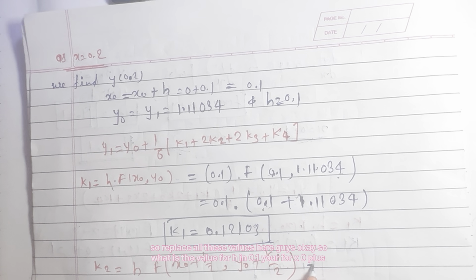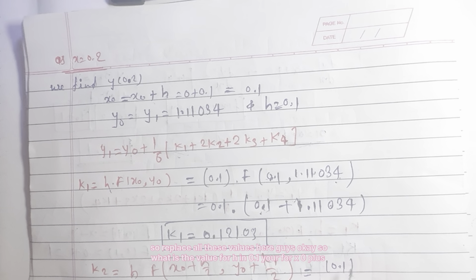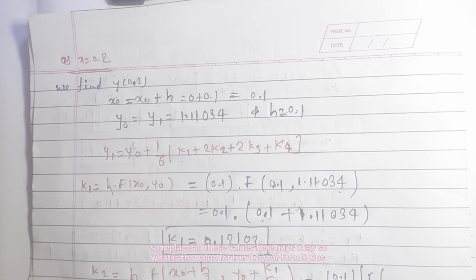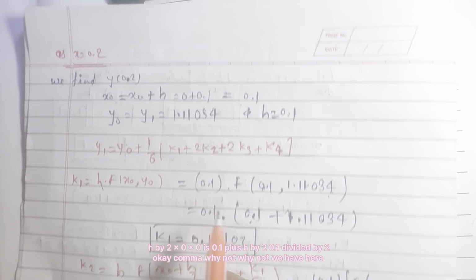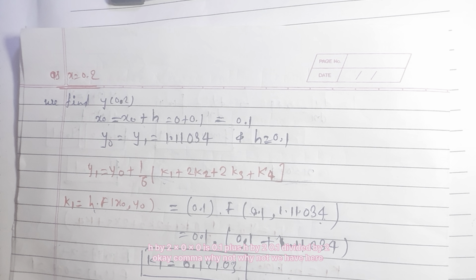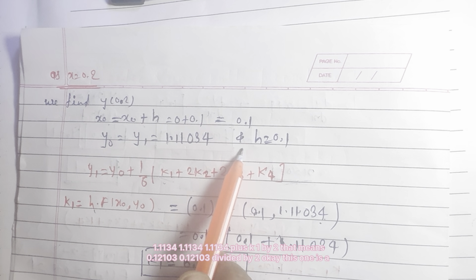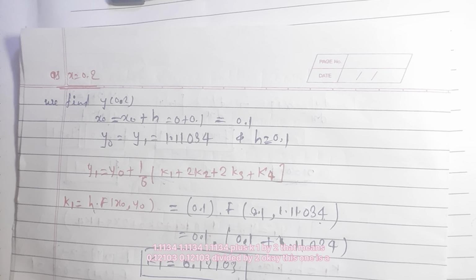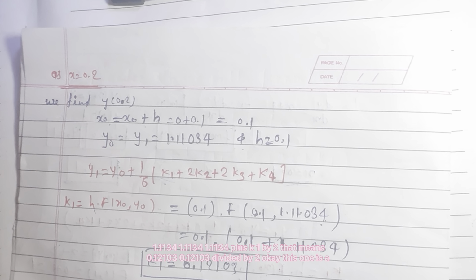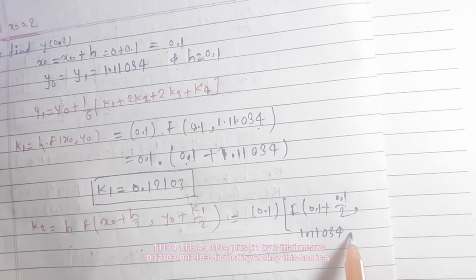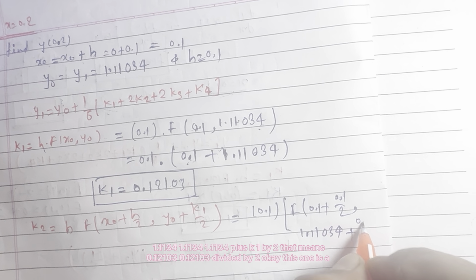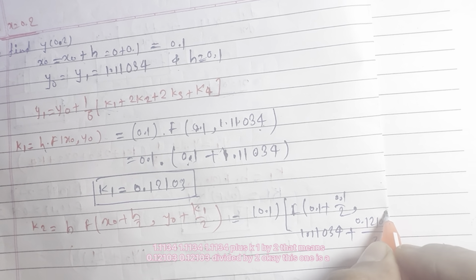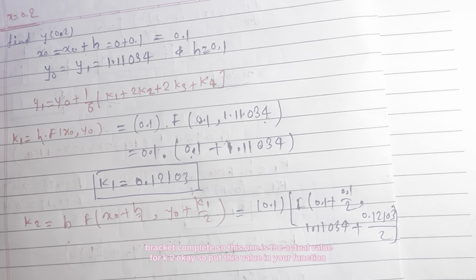What is the value for h? 0.1. f of x naught plus h by 2: x naught is 0.1 plus h by 2, 0.1 divided by 2, comma y naught we have here 1.11034 plus K1 by 2, that means 0.12103 divided by 2. This bracket is complete. So this is the actual value for K2.